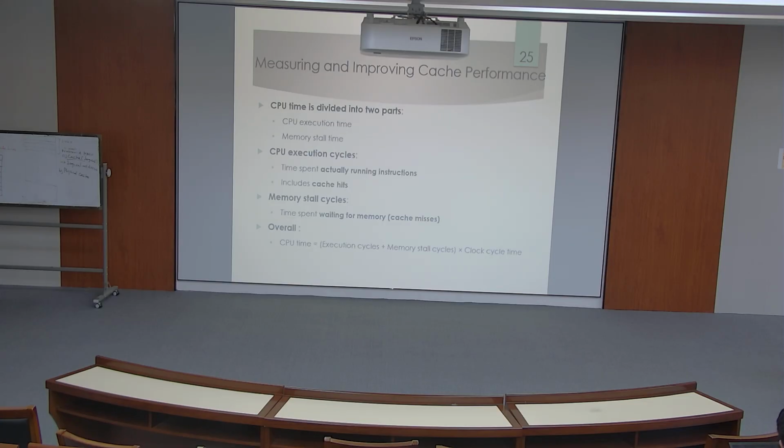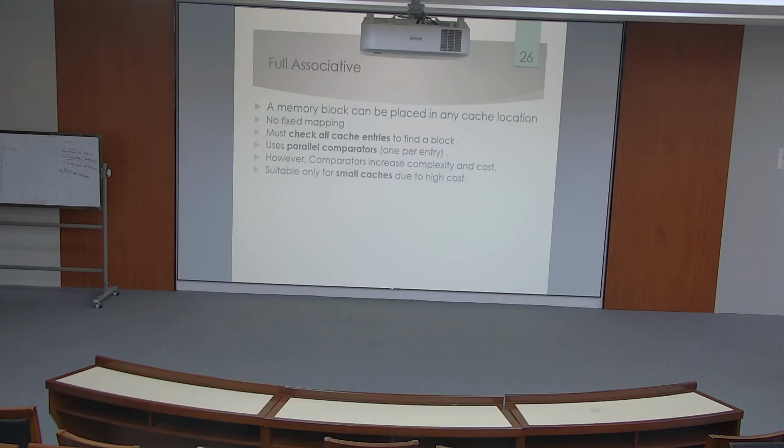Memory stall cycles are the time spent waiting for the memory, including the cache misses as well. So the overall CPU time is equal to the execution cycles plus the memory stall cycles, times the clock cycle time.